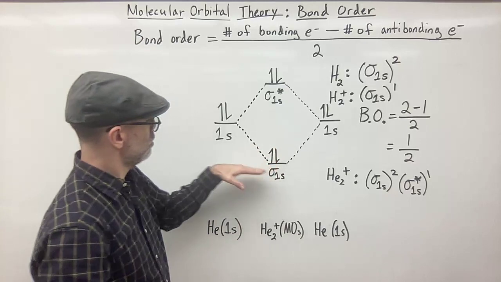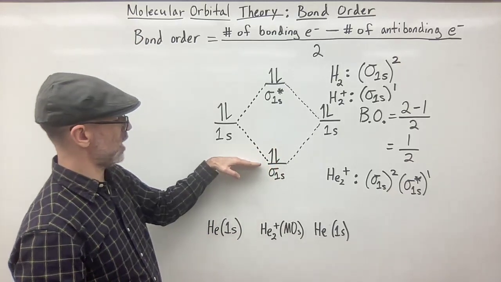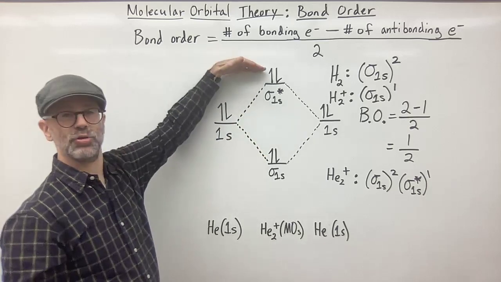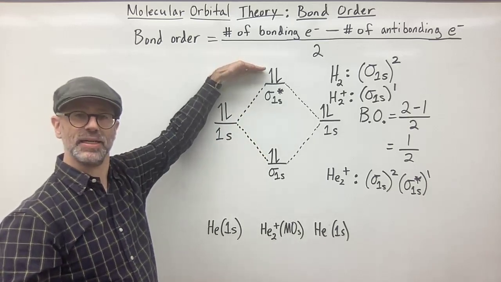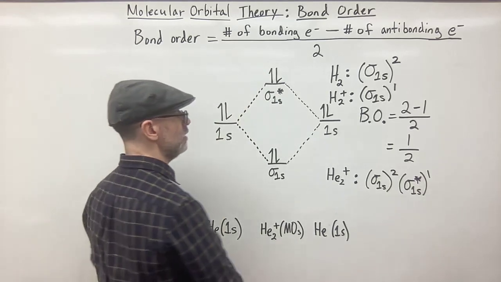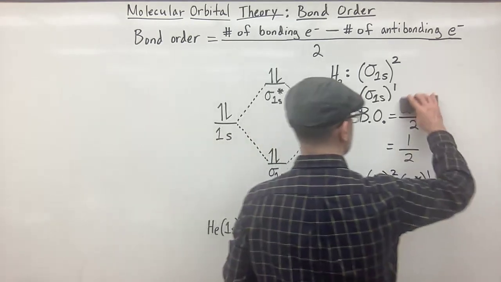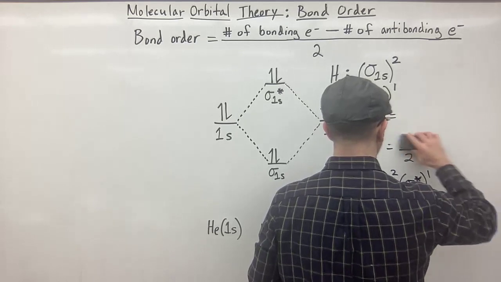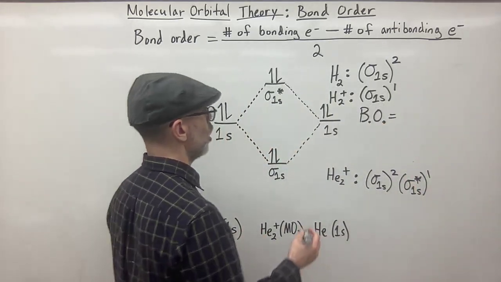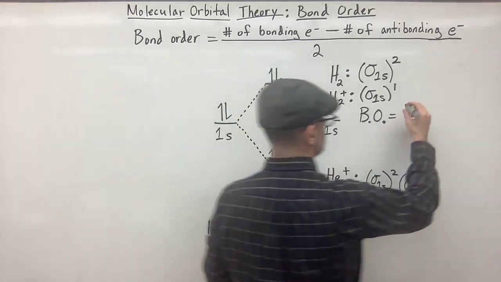So now we have 2 electrons in the bonding sigma 1s, and we have 2 electrons in the antibonding sigma 1s star. So let's calculate the bond order of this possible molecule. So we have 2 antibonding.